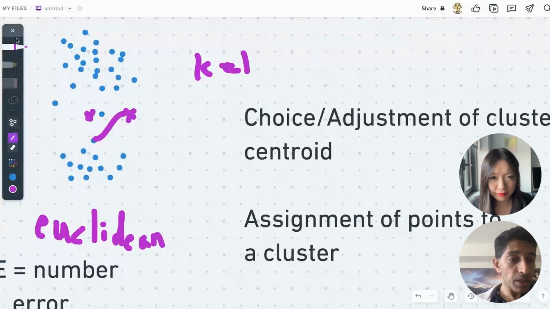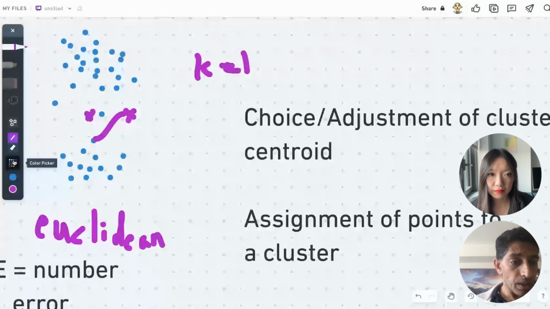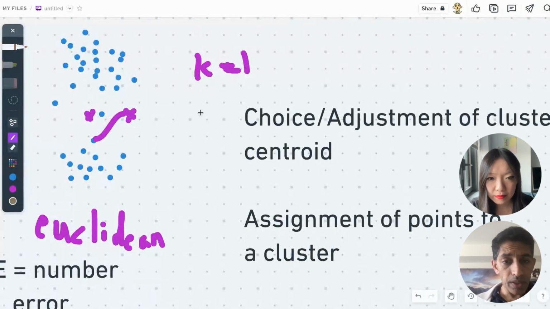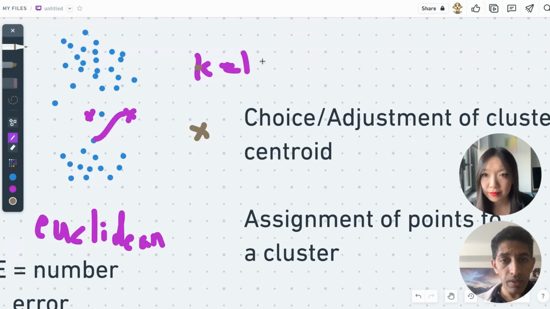So let me mark those in a different color. Here we go. All right. Let's say k equal 2 now, and I want to strike this off. All right.